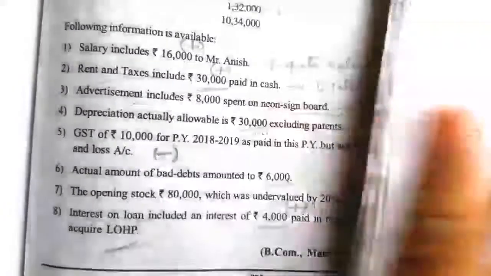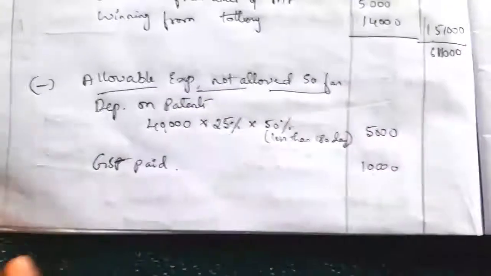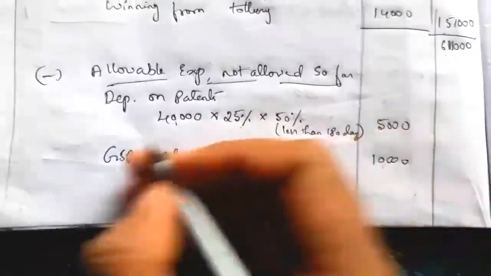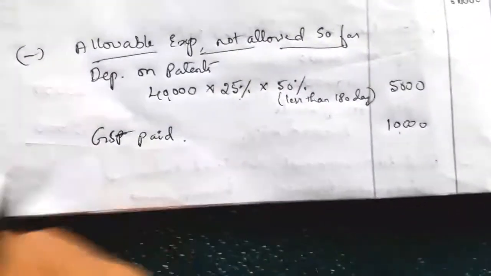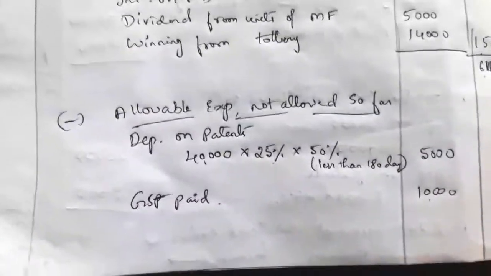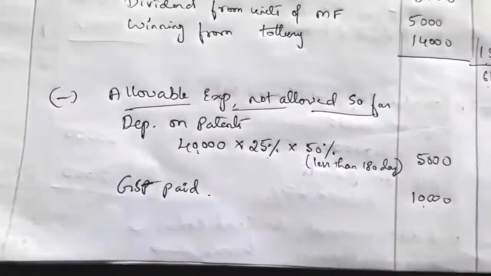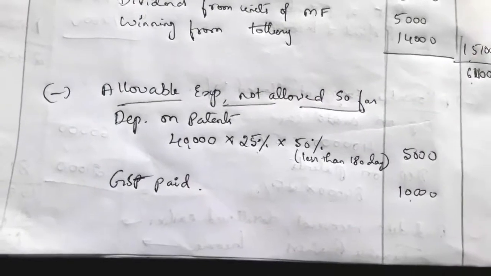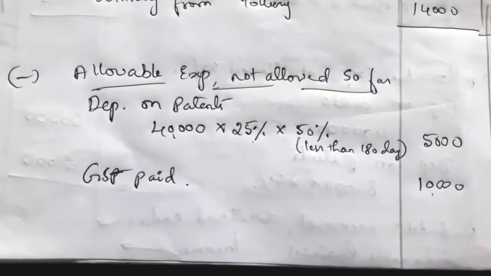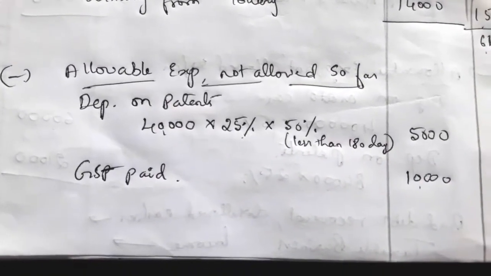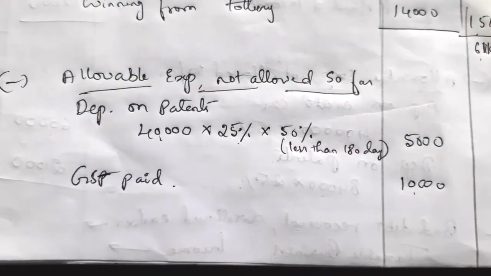To record the debit side expenses, we have to deduct allowable expenses not allowed so far. You can take it here or under income to be treated separately, but actually we have to deduct. So it is better to take it under allowable expenses not allowed so far, because opening stock is an allowable expense on the debit side. They have recorded at 80%, which means they have recorded at less value.